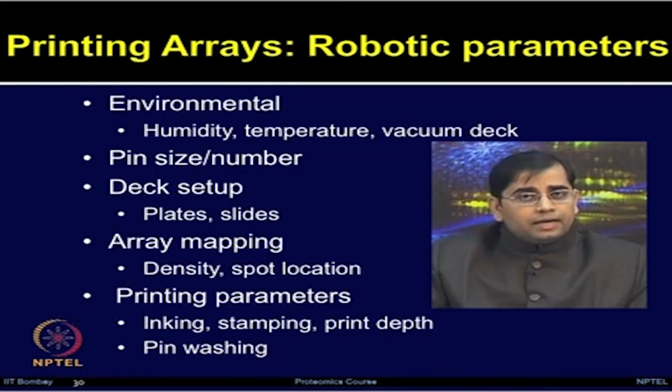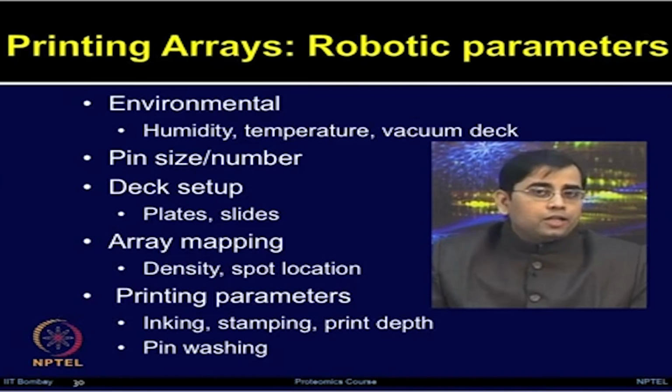Array mapping: you have already planned experimentally beforehand what density you want to achieve and where each of your genes is going to be located on the map. Now, there are different printing parameters such as inking, stamping, and print depth, and you need to ensure that the washing in between the printing is sufficient.